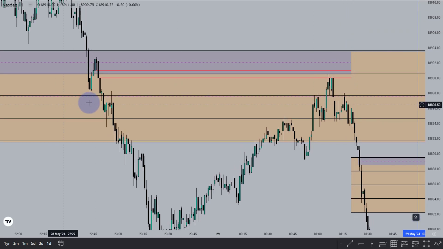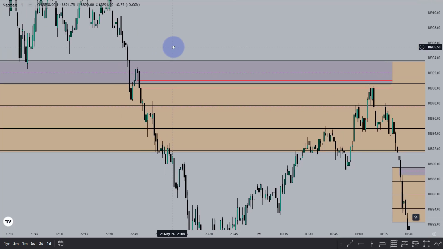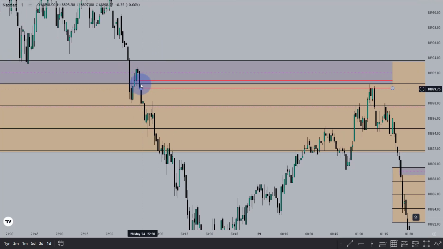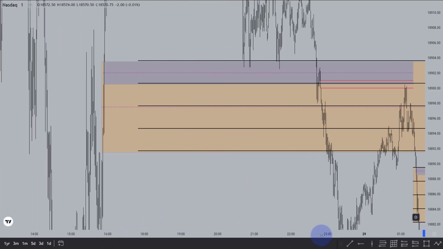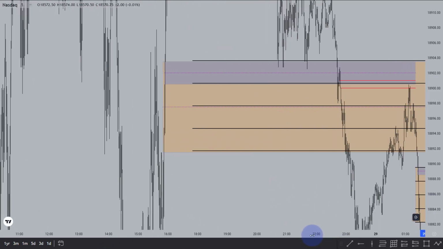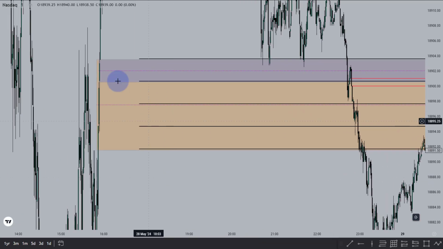Remember the 5-minute inversion fair value gap reached until that constant encroachment. And the wick, see this wick, where did it reach? The 1-minute last fair value gap. This is your 1-minute last fair value gap. What do you have more over there? In that inversion fair value gap from the 5-minute chart, this is your 1-minute last fair value gap.